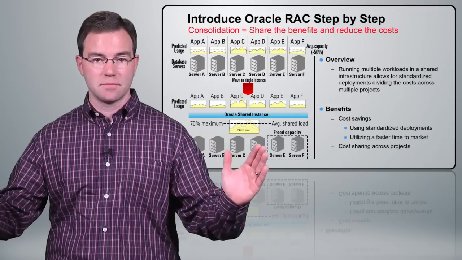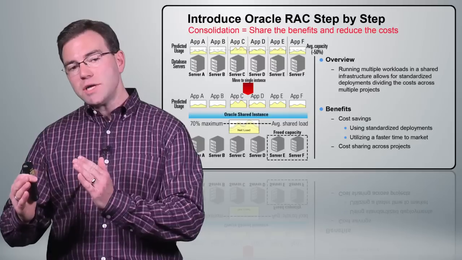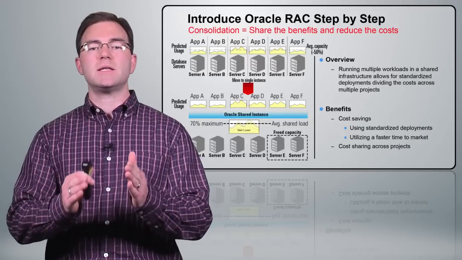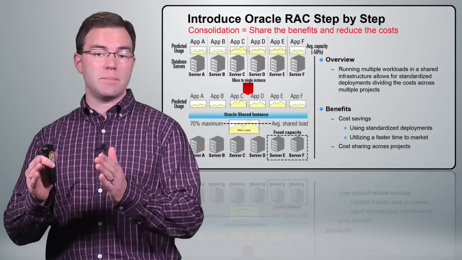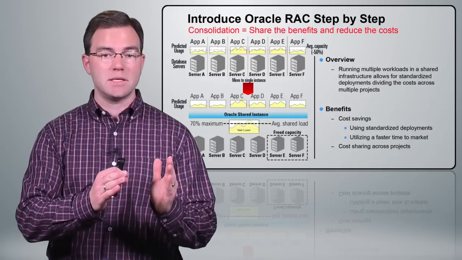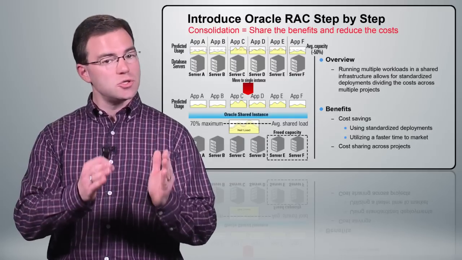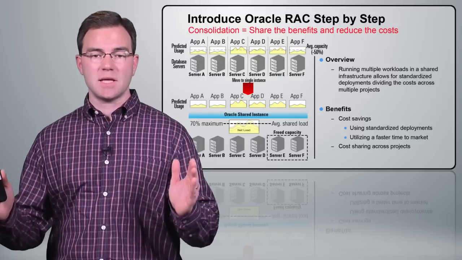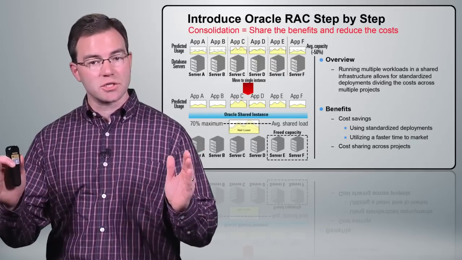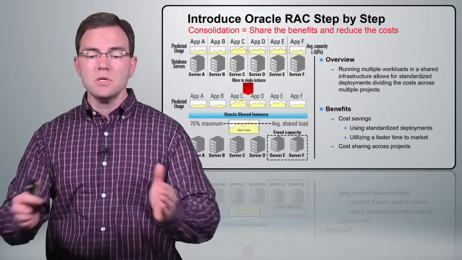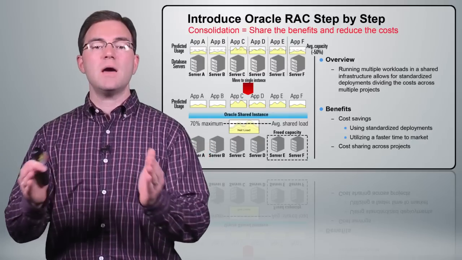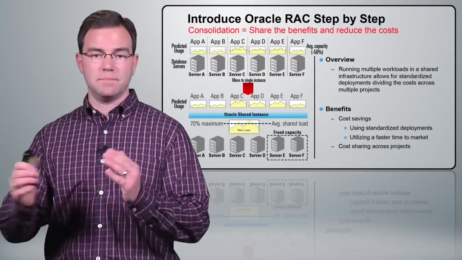multiple projects. In more concrete terms, what it says here is, don't look at a RAC or RAC One Node database as a dedicated environment deployed on a certain system for one application. Consider using the RAC stack as a shared infrastructure, consolidating multiple projects on this infrastructure, and thereby divide the cost across them.